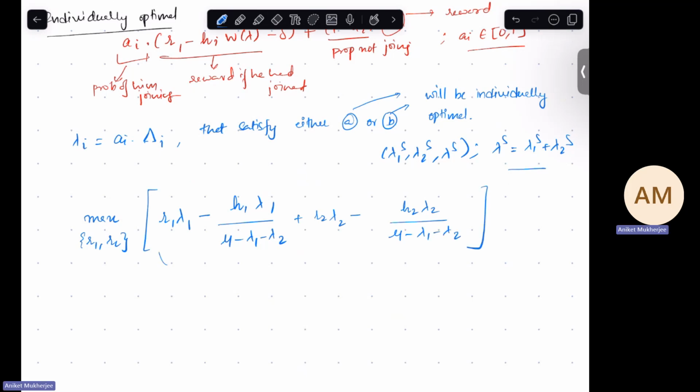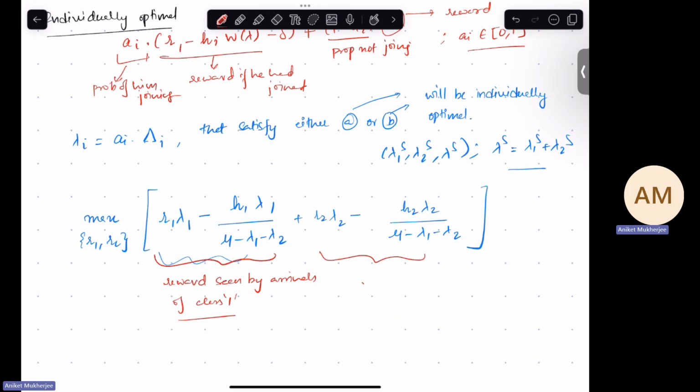This is the reward seen by arrivals of class 1, and this is the reward seen by arrivals of class 2.